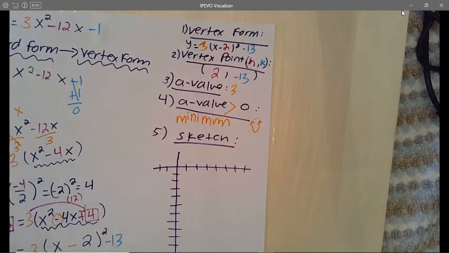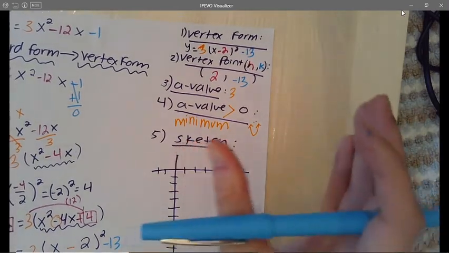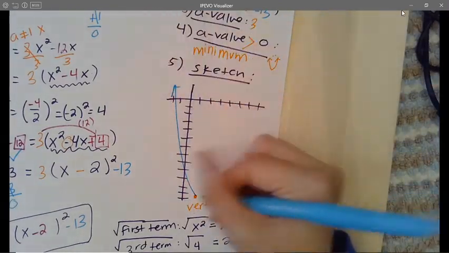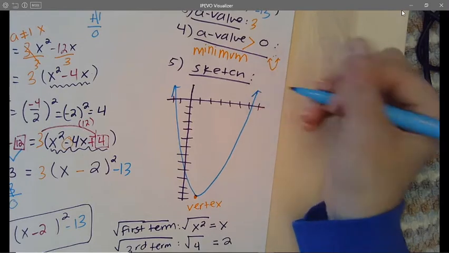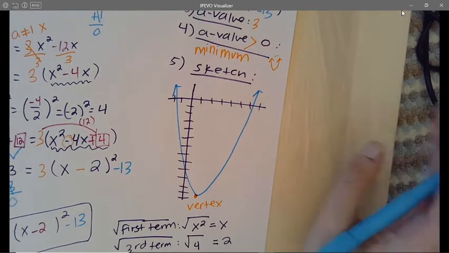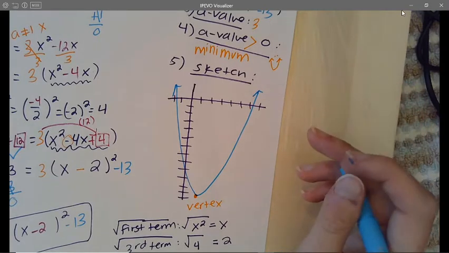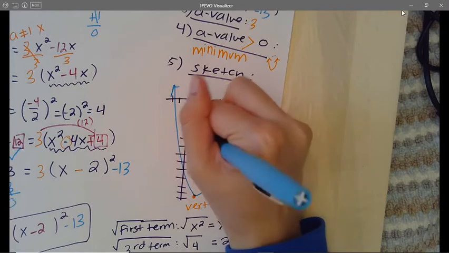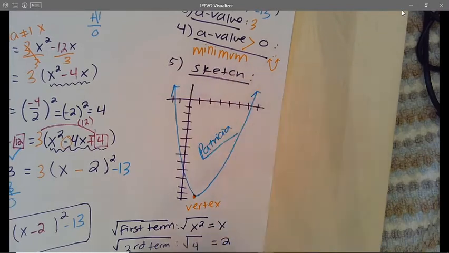So when I sketch my graph, it will be facing upward. Again, just do your best. It's going to go up, something like that. And don't forget to name a graph. Let's see, what would be a good name? I like Patricia. There we go.